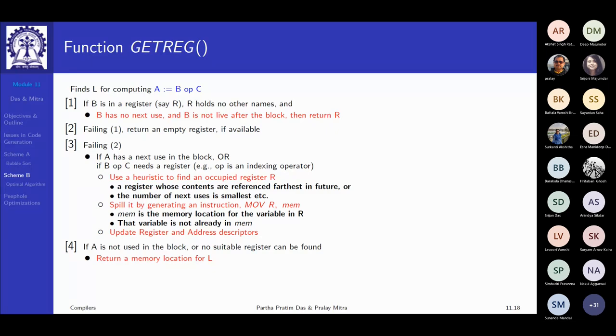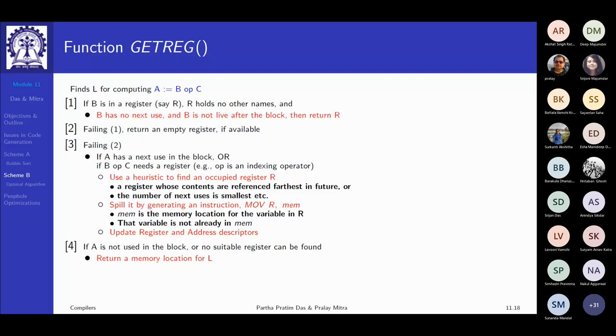Once you have made that choice, you have to spill that register by generating a store instruction, moving R to memory, which is store. Mem is the memory location for the variable in R, and that variable is not already in memory. If that variable is already in memory, then you have a happy situation because you don't have to generate this store. You just need to update the register and address descriptor.